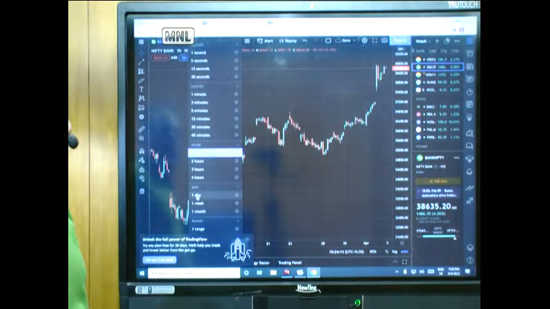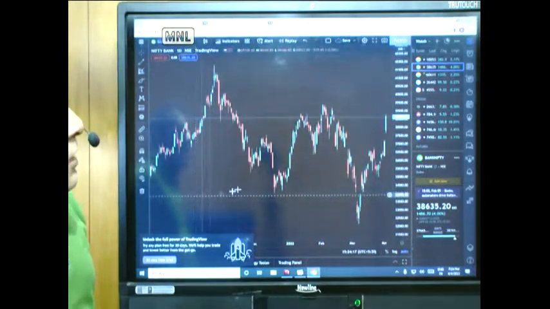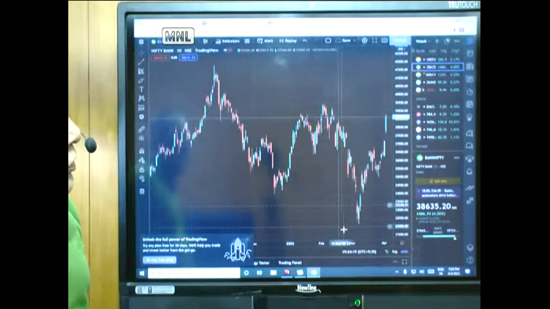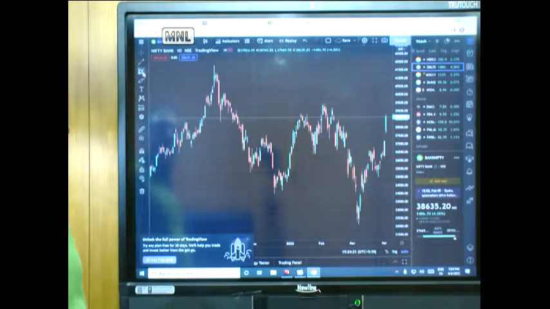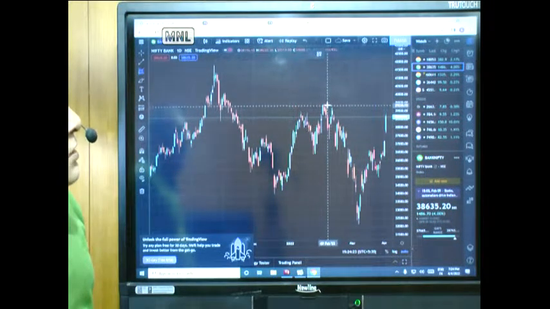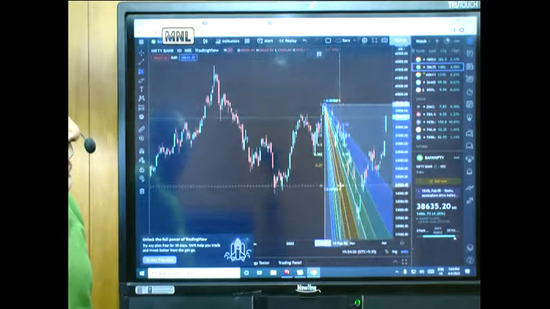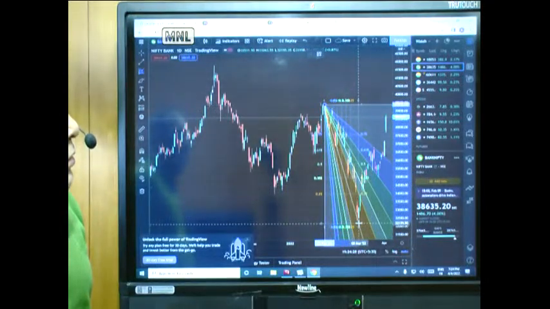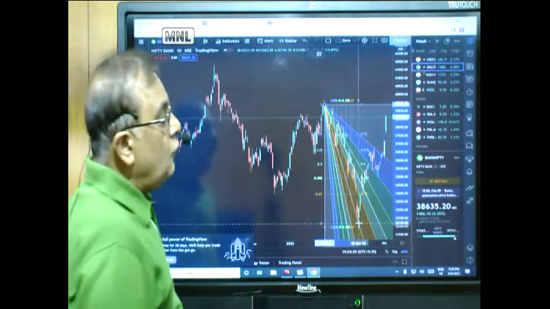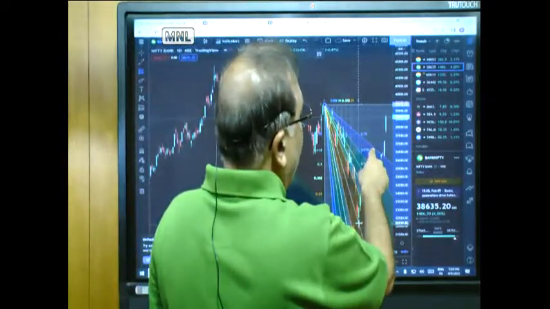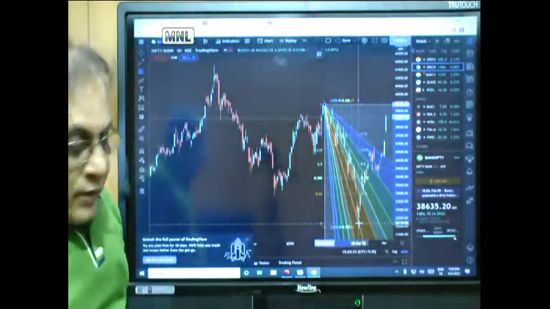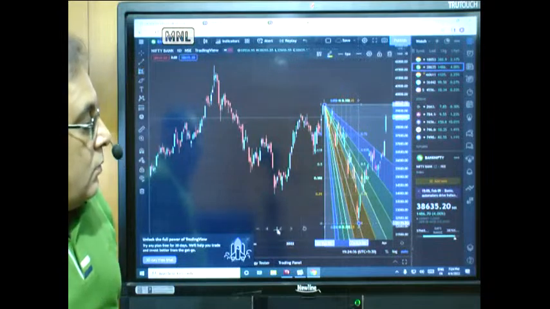We'll go back to the daily chart, and let's look at the trend change from this place to this place, because I told you the trend change can have different meanings. Today in this particular place you can see exactly the 0.75.